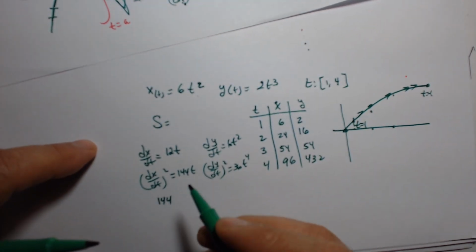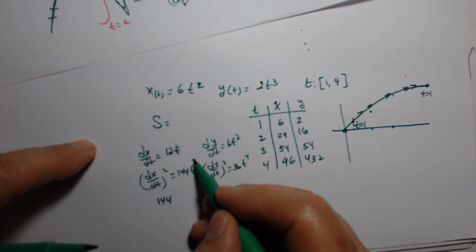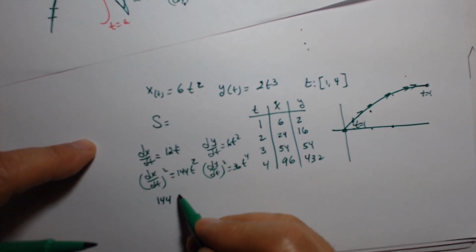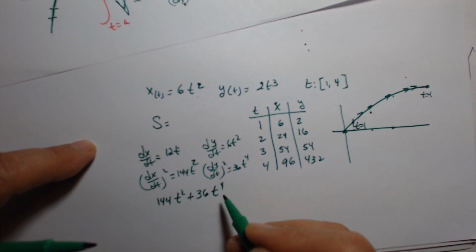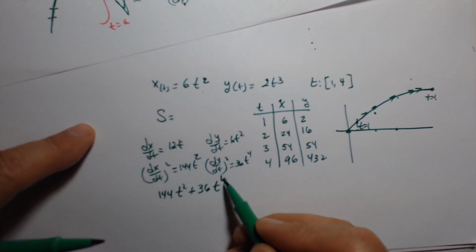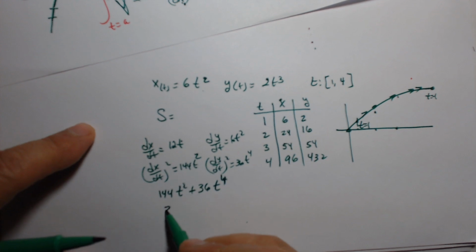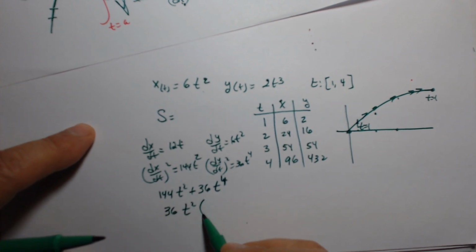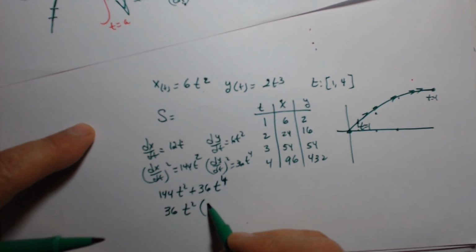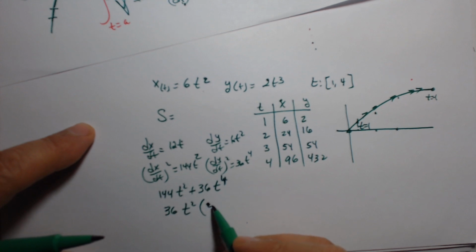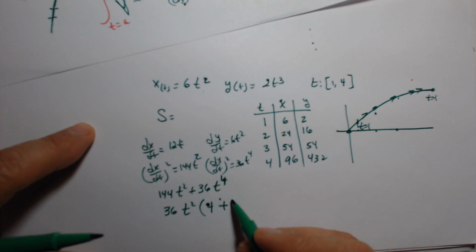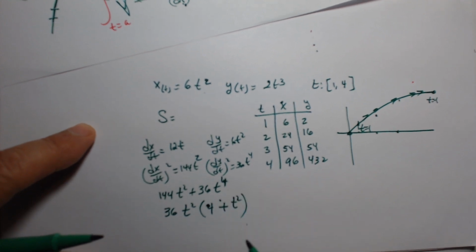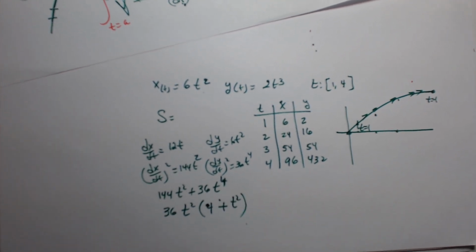Remember I have to square it: 144t squared plus 36t to the power of 4. Then if I factor 36t squared, I get 4 plus t squared. That's pretty much what I have inside the radical.